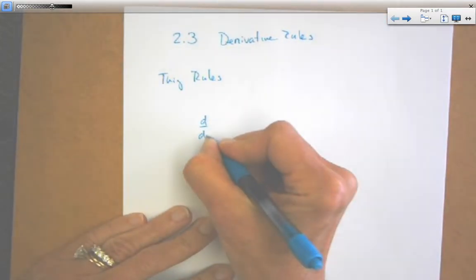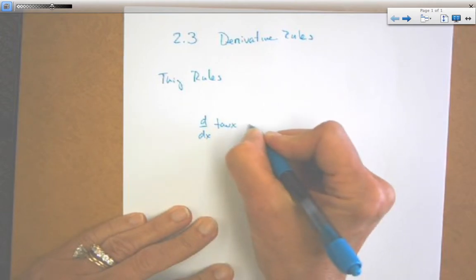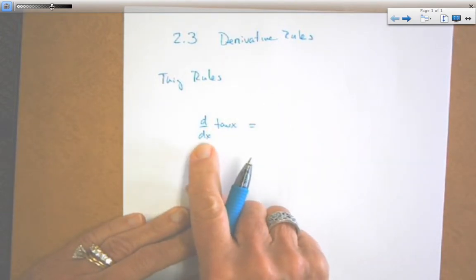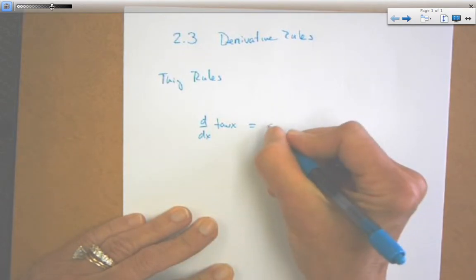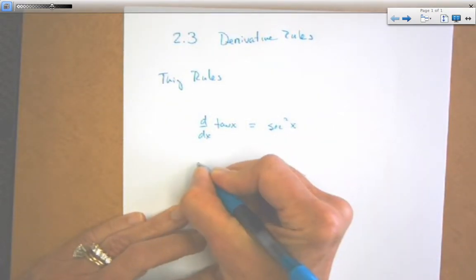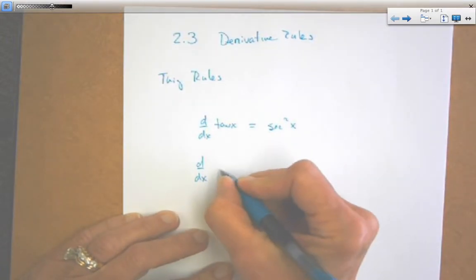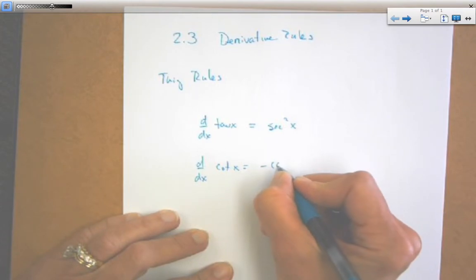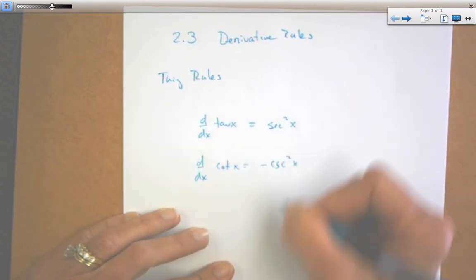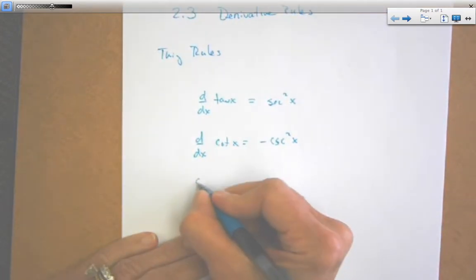So I'm going to take the derivative of tangent x. This lets you, the reader, know that I'm taking the derivative of this function with respect to x. The derivative of tangent x is secant squared x. The derivative with respect to x of cotangent x is negative cosecant squared x. These are easy derivations, but it's easier to just memorize them.